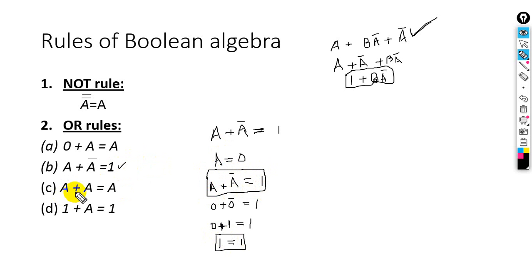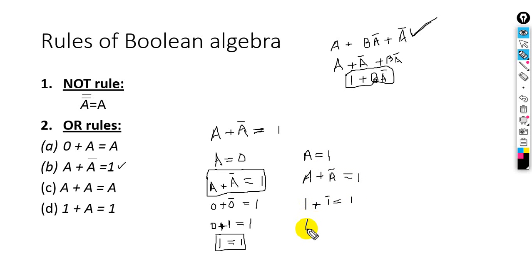Next we have a or a is equal to a. Oh sorry, we should also prove the previous rule for a is equal to 1. So if a is equal to 1, the equation is a or a bar is equal to 1. Now for 1 I will prove this: 1 or 1 bar is equal to 1.